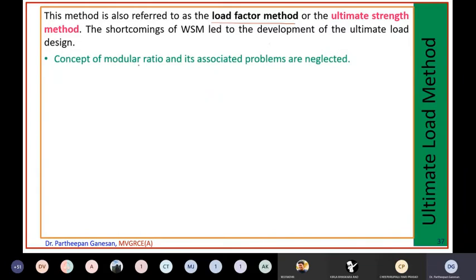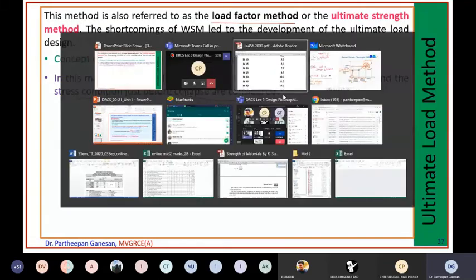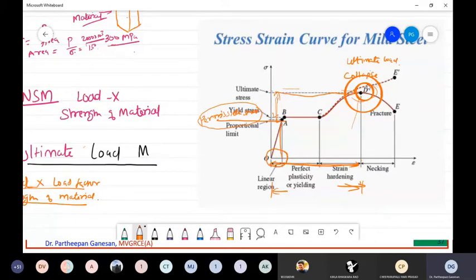Here in this method, the non-linear stress strain curve of concrete and steel, and the stress condition just before the collapse are considered. As I told you, here we are going to operate only at this point. So you are including all this non-linear part also.